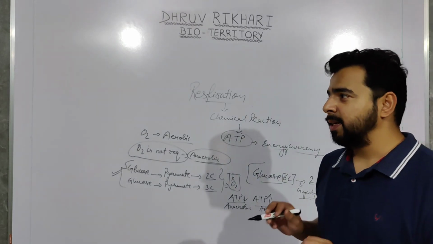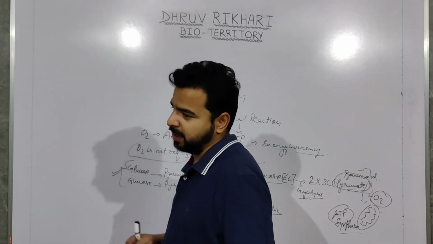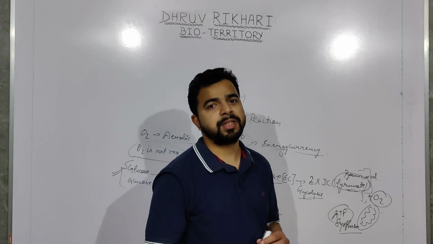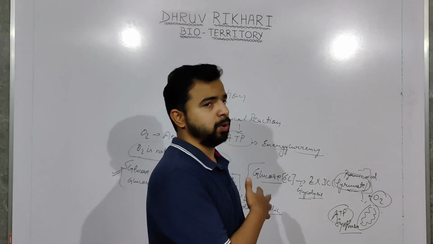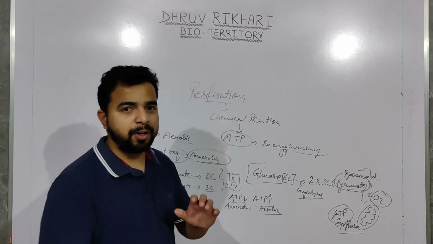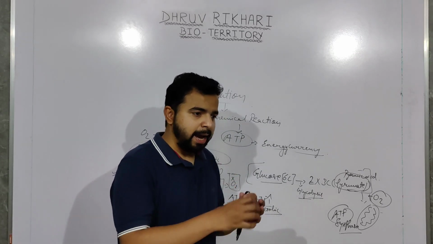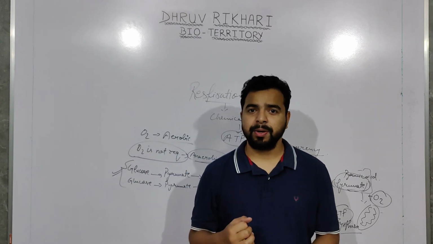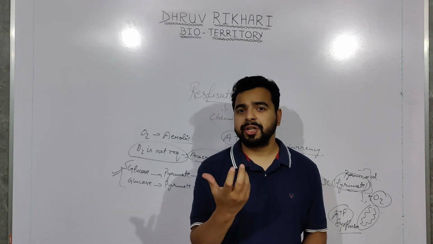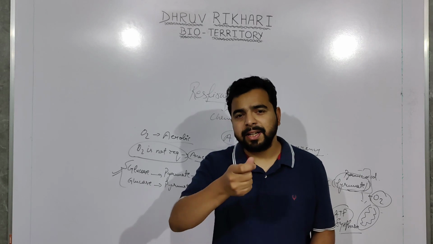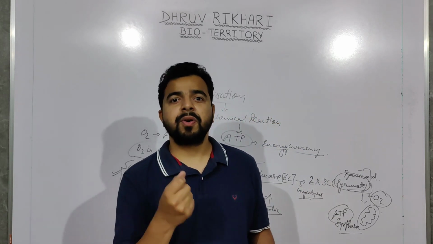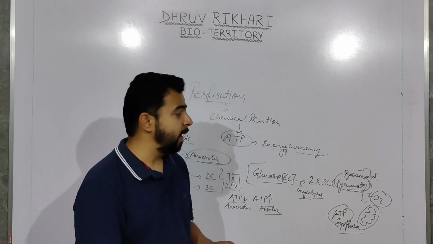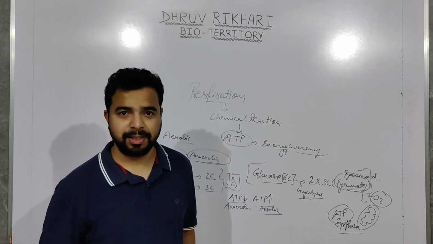Next we will see the human respiratory system, where we include all the organ systems which help in this process. In the respiratory system, the lungs play the essential role, and within the lungs there are units which we call alveoli, and those alveoli actually help in these reactions.